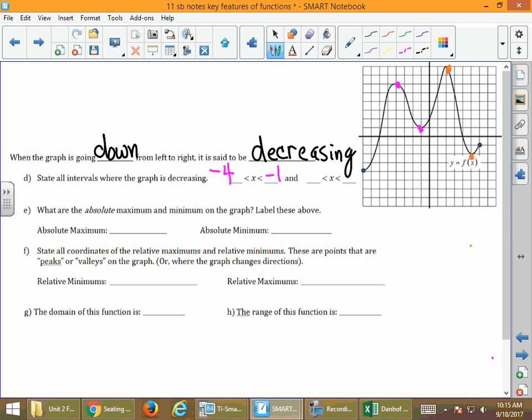And we identify those points with our x values. So from 2 is our high point x value. Over to 1, 2, 3, 4, 5 is our low point x value. And in between 2 and 5 is where our graph is decreasing.